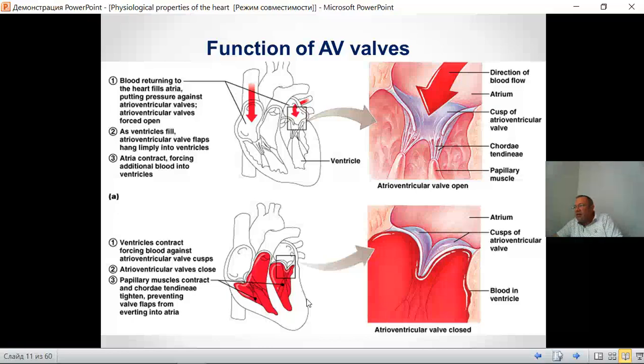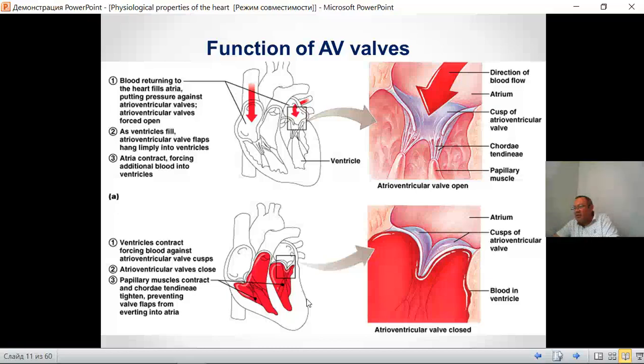In a clinical setting, this valve is referred to as the mitral valve rather than the bicuspid valve. The two cusps of the mitral valve are attached by chorda tendinea to papillary muscles that project from the wall of the ventricle.